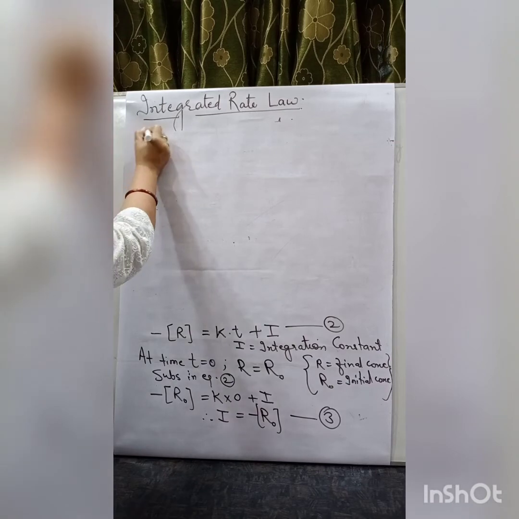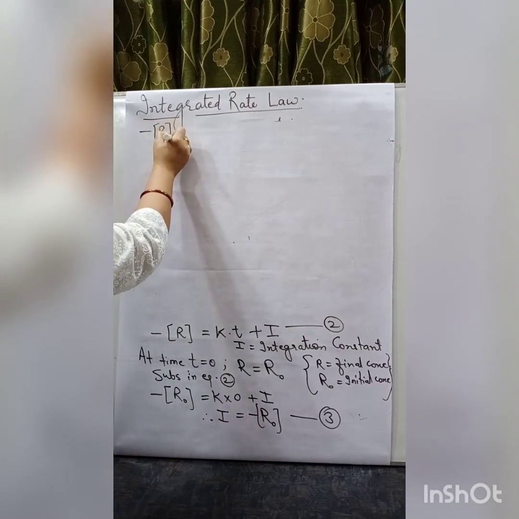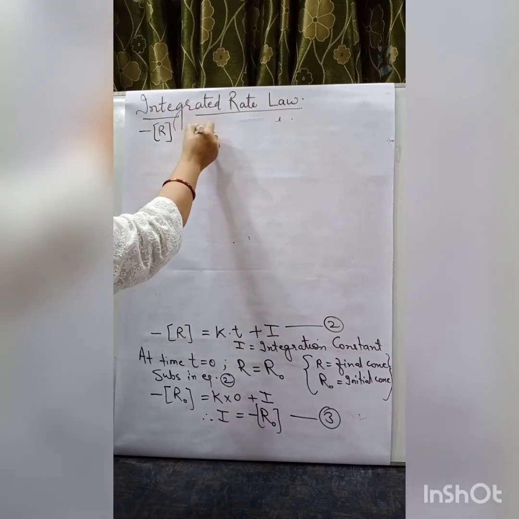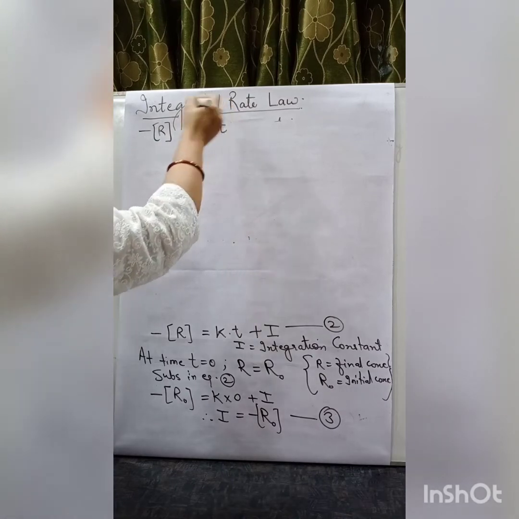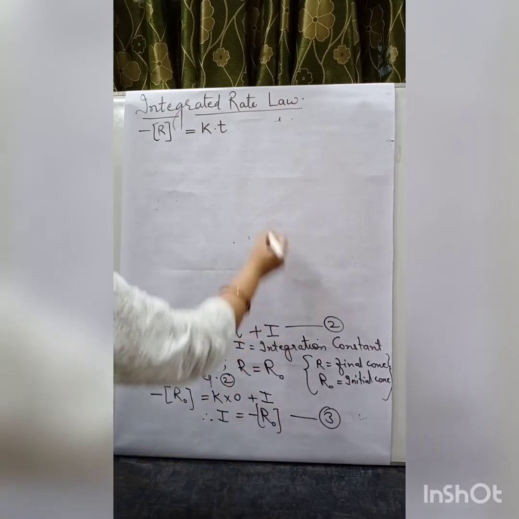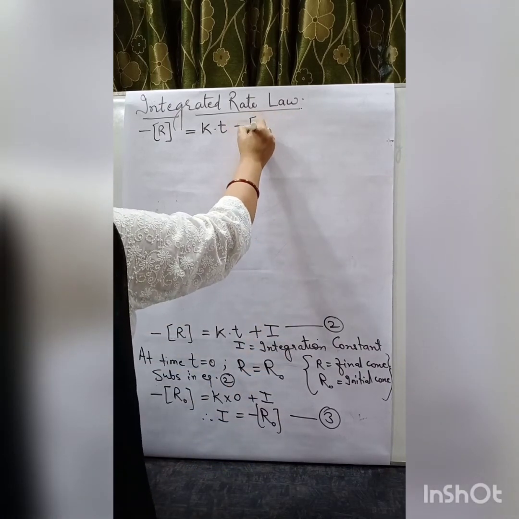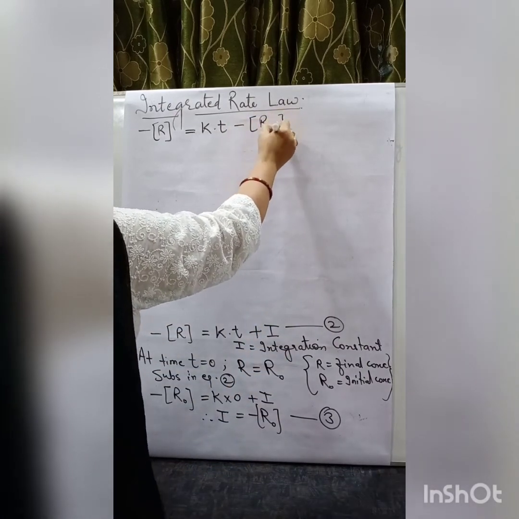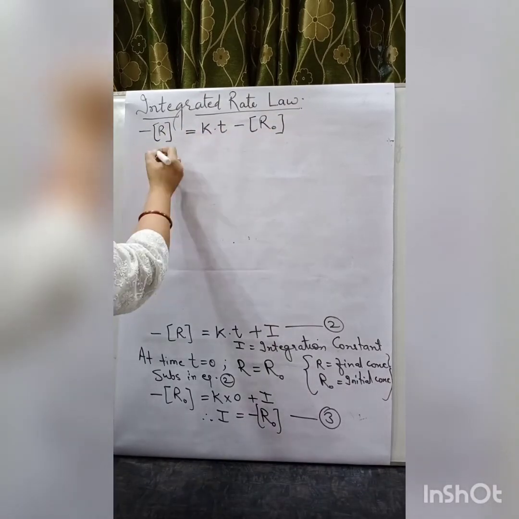What do you get? Minus R is equal to K into T, and instead of I I will be putting minus R0. Now rearrange this equation.